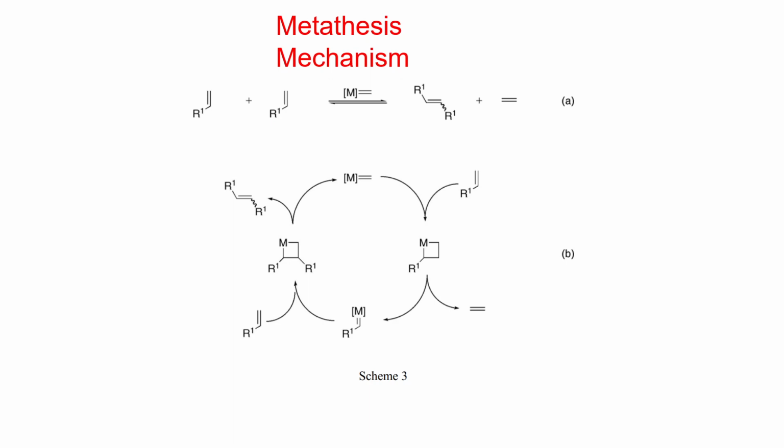So let's say this is your first substrate, with R1. A two plus two, not concerted obviously but in a stepwise manner, and the outcome is a four-membered metallacycle ring with this particular insertion.